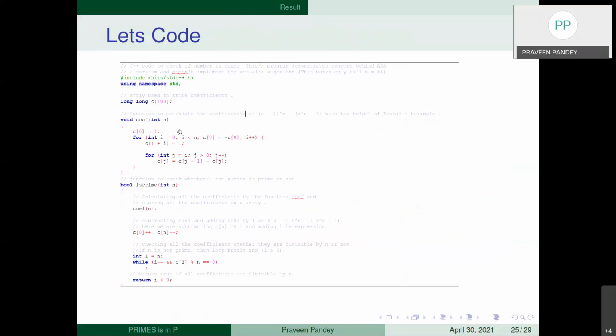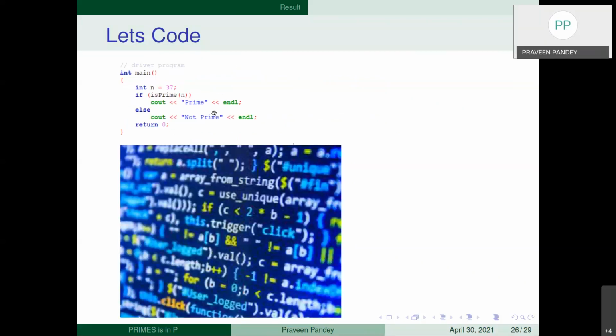We compute the coefficients of that equation and then check in the is-prime condition whether c[i] modulo n is equal to 0. If all the numbers are divisible by n, then we output prime. Otherwise, we output not prime.